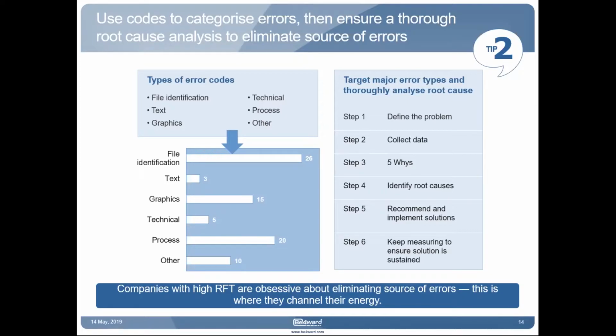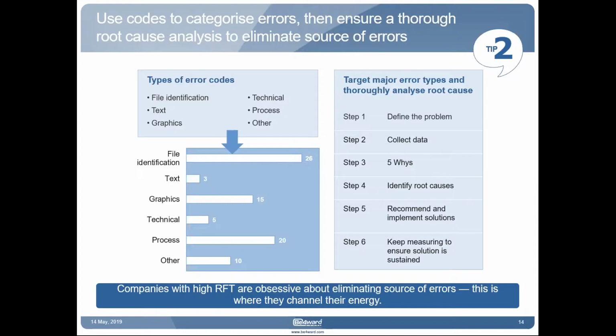But what it allows you to do is say, this is the reason that we're having most errors, and we can then go and apply a rigorous analysis to that type of error so that we can design that out.